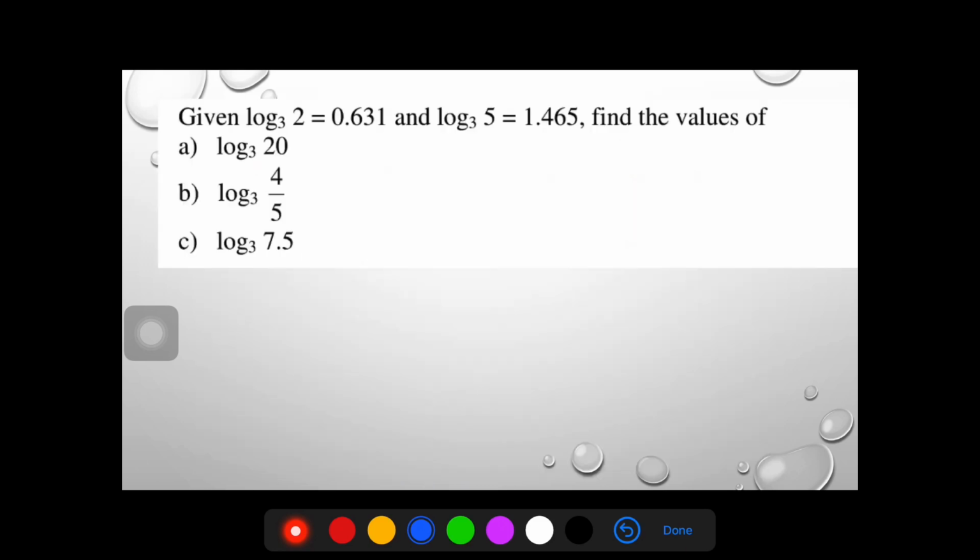Okay, next. This is also using the law of logarithm, where we give you already the value of log. Given that log base 3, 2 equals to 0.631 and log base 3, 5 equals to 1.465. Find the values of log base 3, 20.